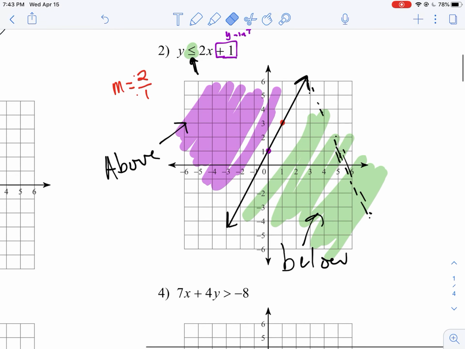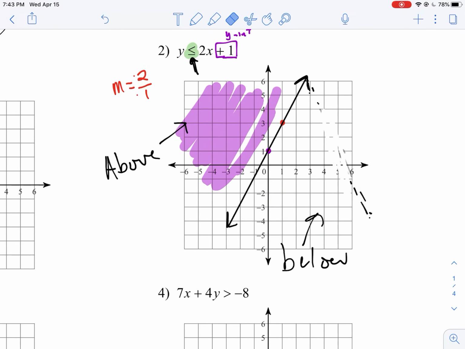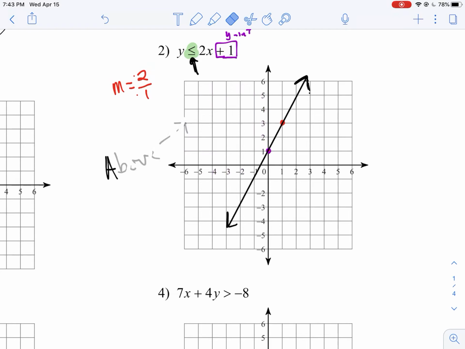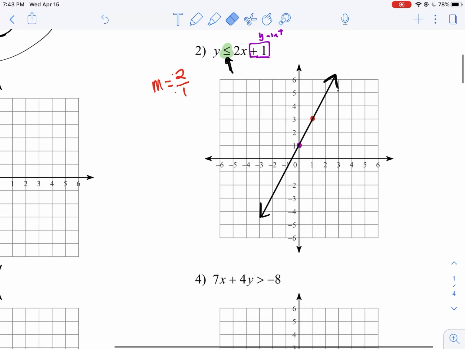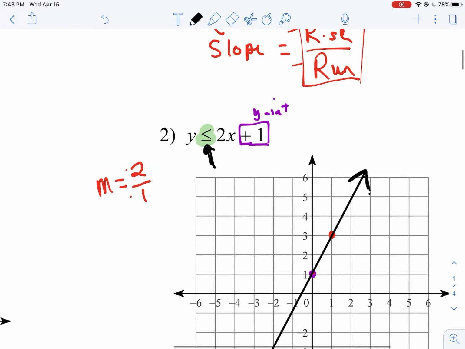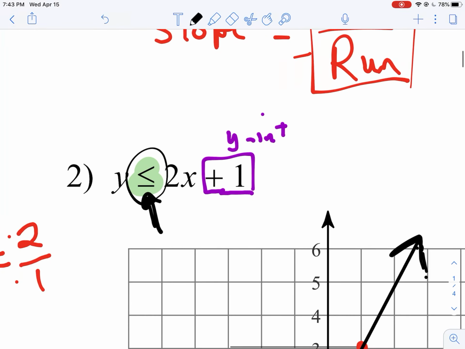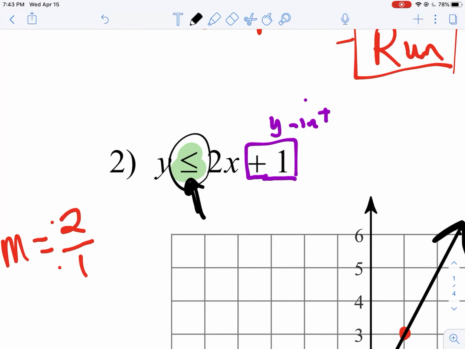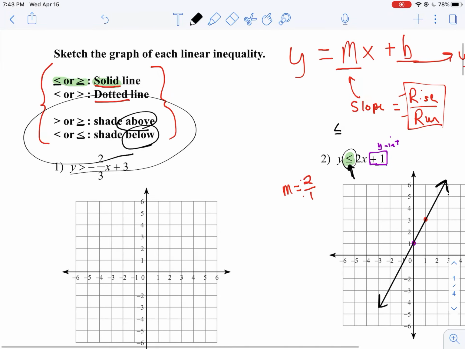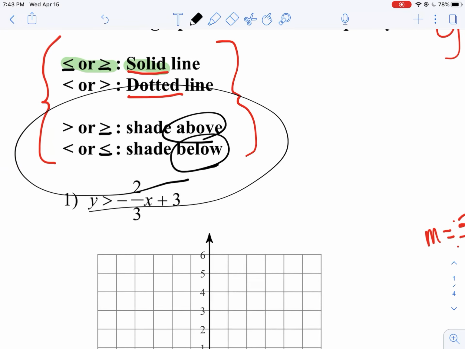All right, so I'm going to get rid of these shades for now, because we have to shade one or the other. We can't shade both. We have to choose one or the other. So we have above and below. And it's all dependent on this symbol. Okay, this symbol is a less than symbol. It is less than or equal to. So what does my chart say for less than or equal to?